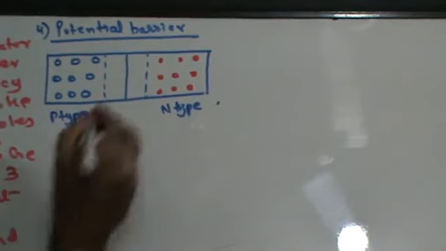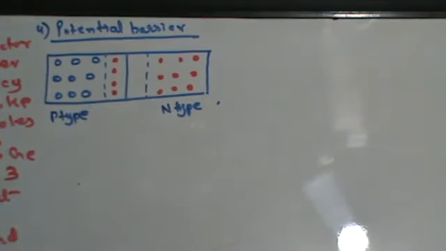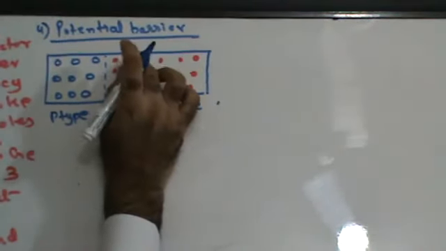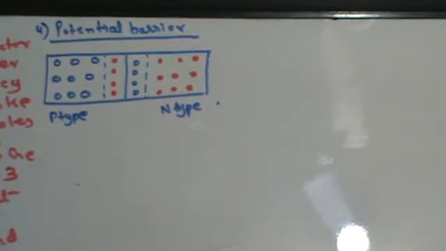Therefore, some electrons would come here, and some holes would go to the other side. So you would have electrons moving into the P-type semiconductor, and holes moving into the N-type semiconductor. Now, as electrons move into the P-type semiconductor, they will go and sit in the holes.